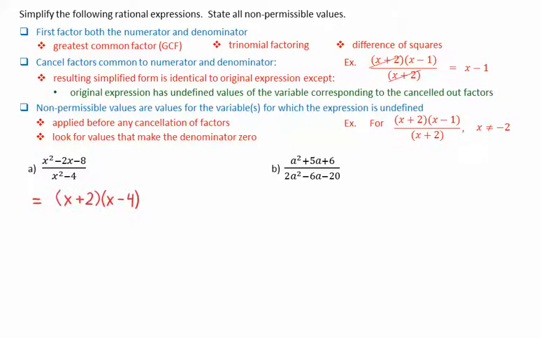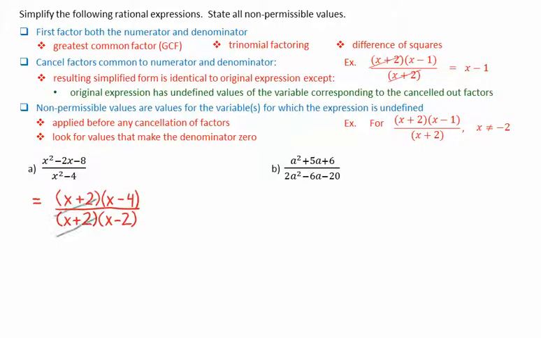For the first example, x squared minus 2x minus 8, the numerator, can be factored to x plus 2 times x minus 4. The denominator is a difference of squares. X squared minus 4 factors to x plus 2 times x minus 2. Note we have a common factor of x plus 2 on the top and bottom.